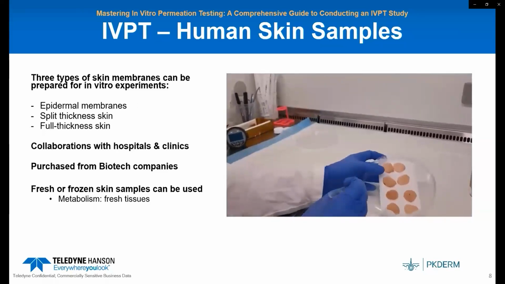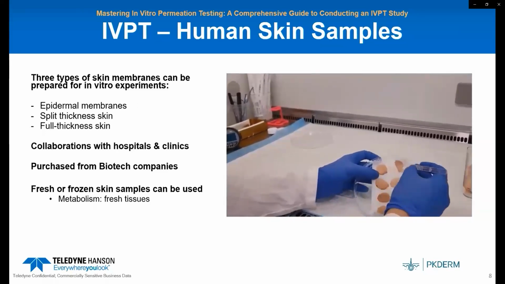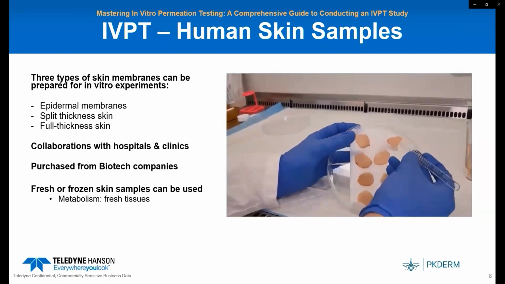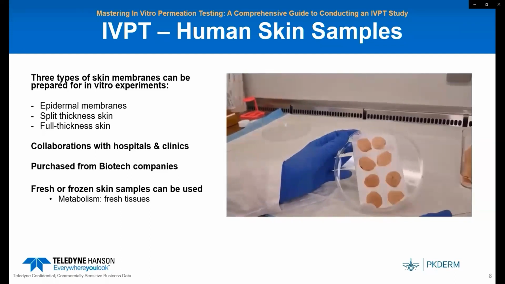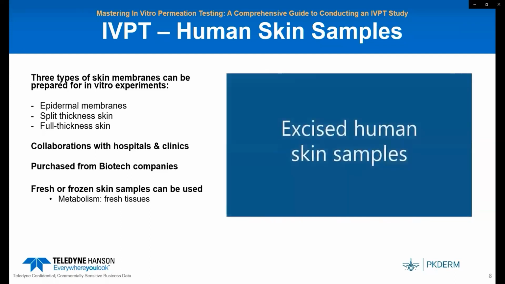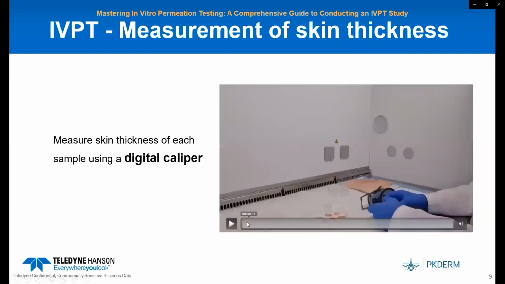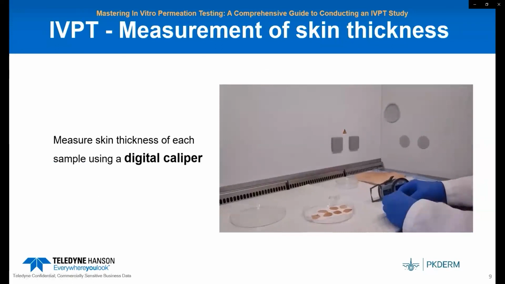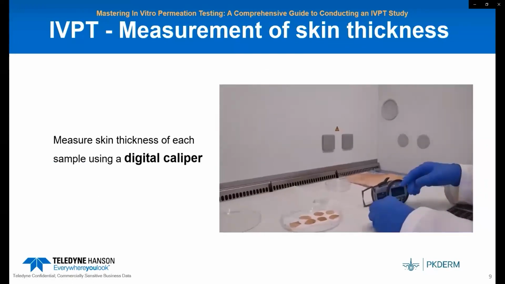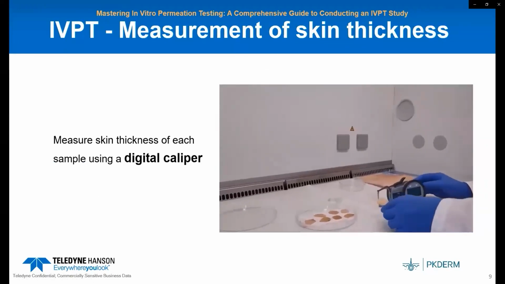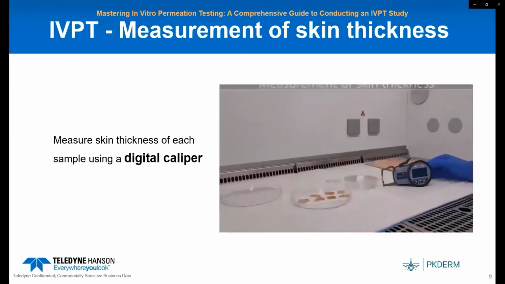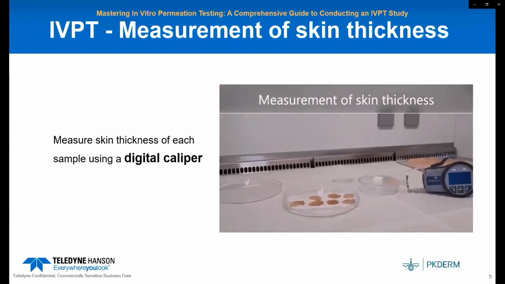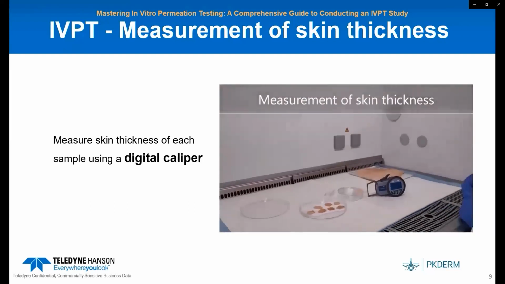From the skin sample, we prepare discs of about 3 or 4 centimeters of diameter. As you know, skin thickness can affect dermal absorption. So we need to measure the thickness of each skin sample in order to ensure a homogeneous distribution of the samples within the experiment.